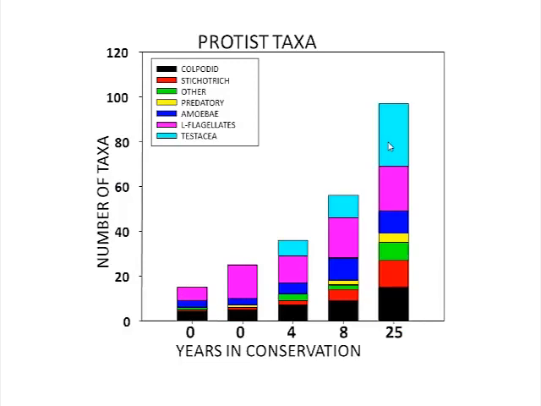And we looked at the diversity of nematodes and mites and protists, and the pattern is like this for all of those, where you have an increase in the number of species over time. The shift that happens that is significant is primarily between 8 years and 25 years, where you go from a lot of R-selected species to K-selected species.